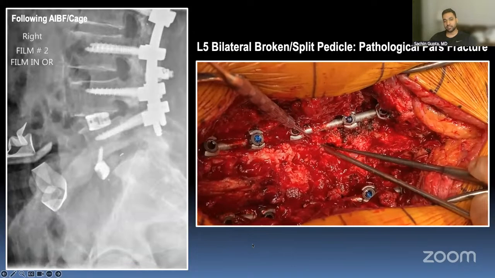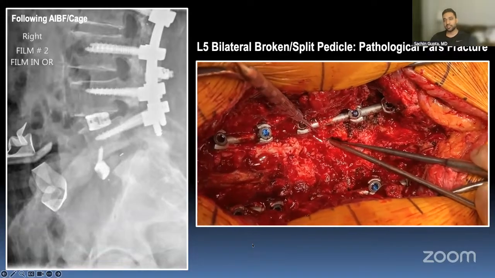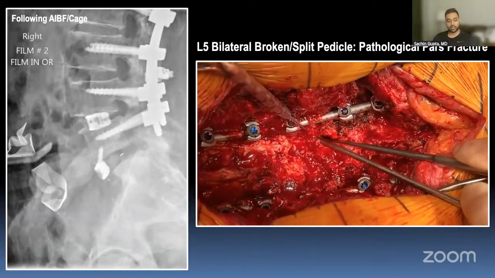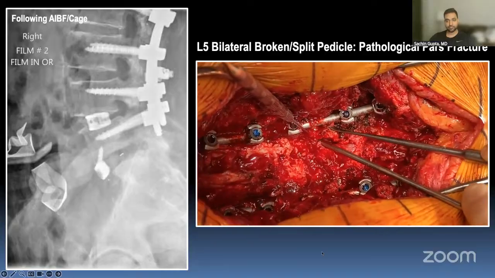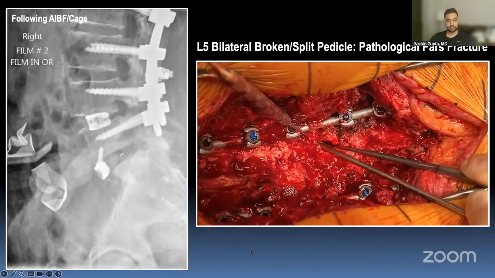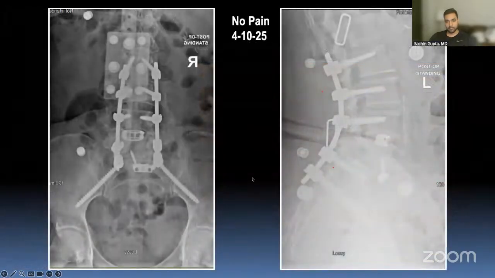Let's see if this video plays for you. You can see the fracture of the pedicle. And then here are her final post-op standing films demonstrating bilateral S2 fixation, and she has no pain and she's doing much better.